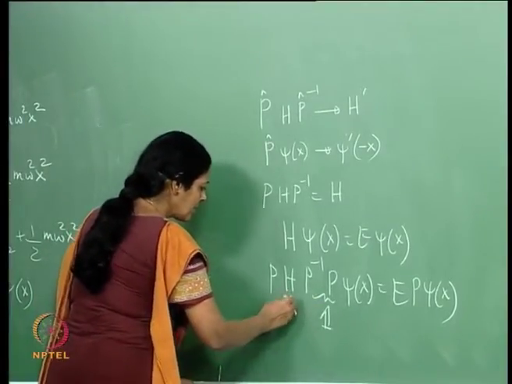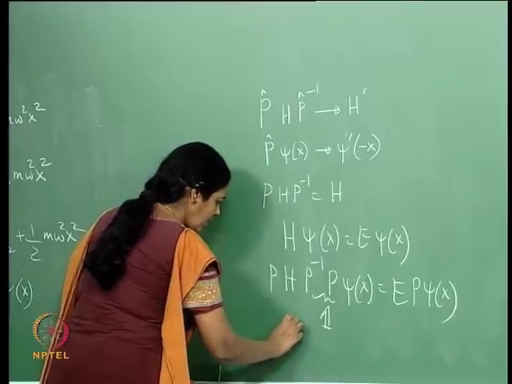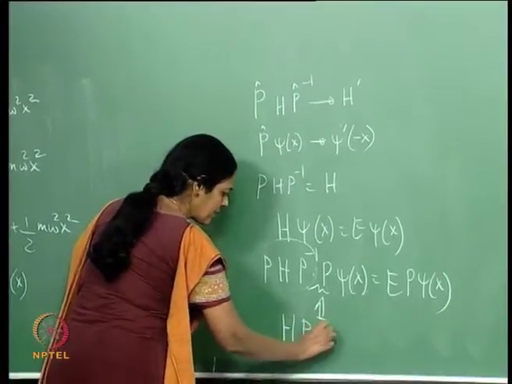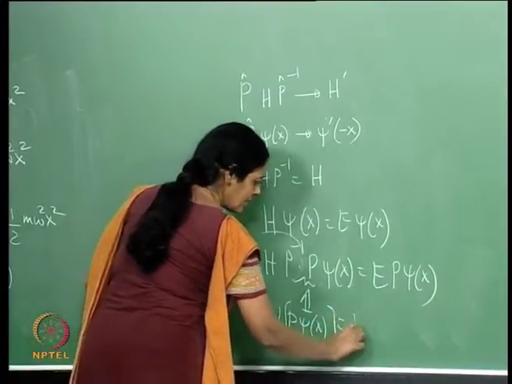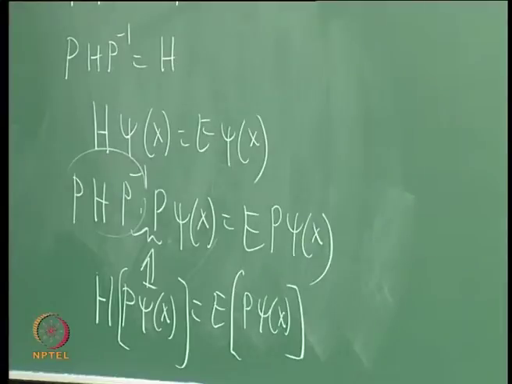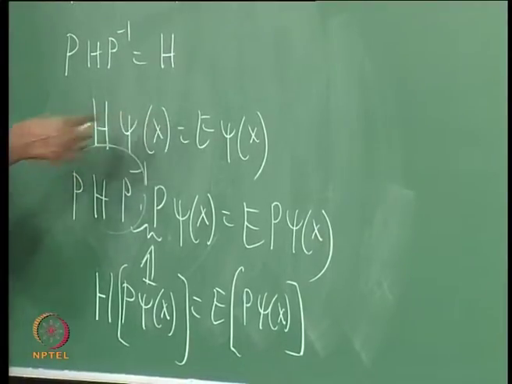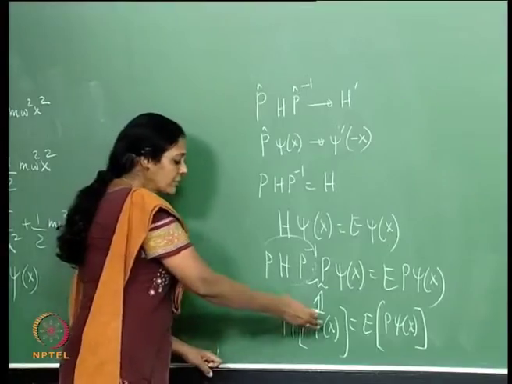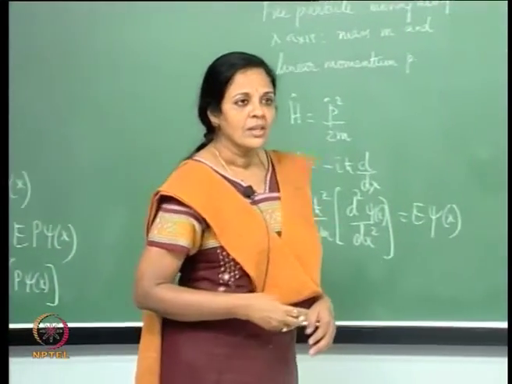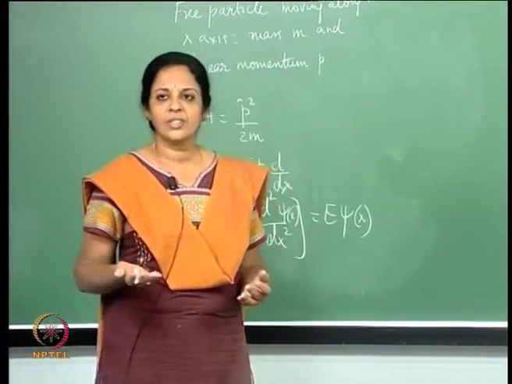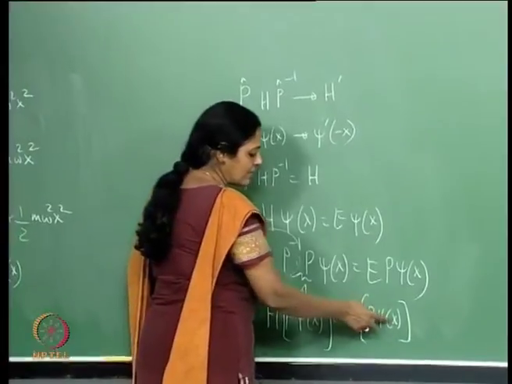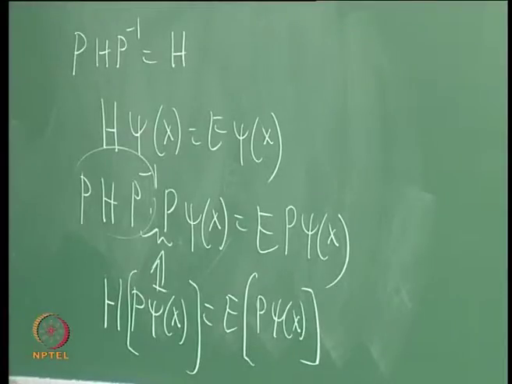And therefore I have, but P h P inverse is simply h, so h P psi of x is E P psi of x. I see that if psi of x is an eigenstate of h with eigenvalue E, P psi of x is also an eigenstate of h with the same eigenvalue E. Now, if the eigenvalue E is not degenerate, then it is clear that P psi of x is either plus psi of x or minus psi of x.